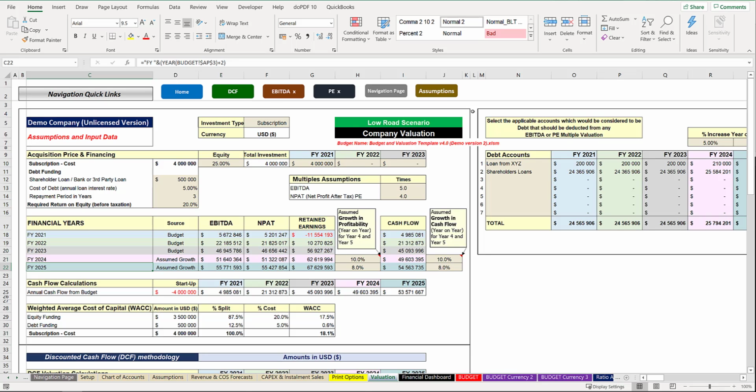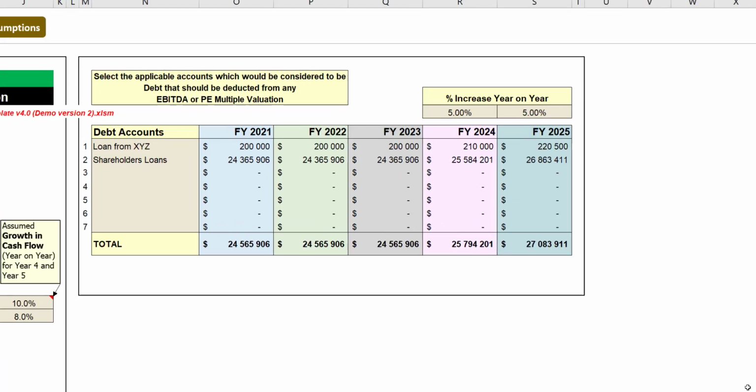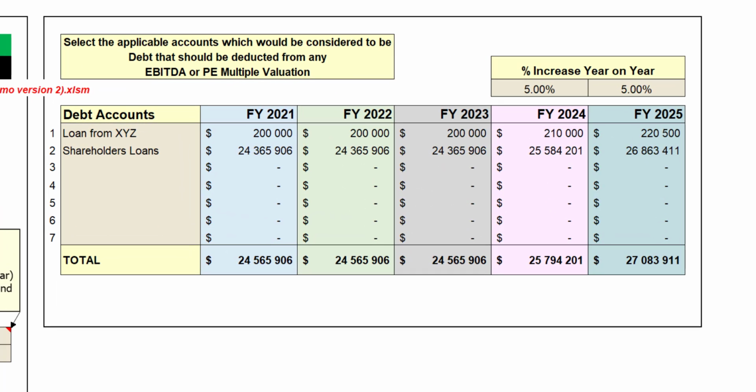At the top, we've got some navigation keys to easily access the different areas of the sheet. On the right-hand side, in columns N to S, we have to input the accounts where the amounts of these accounts are considered to be debt that the company has.